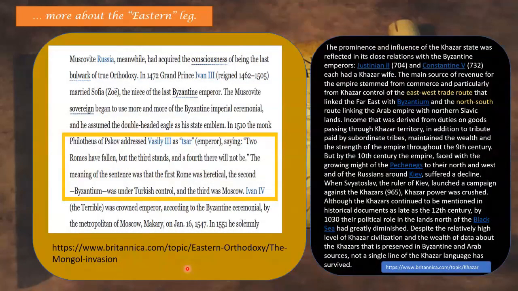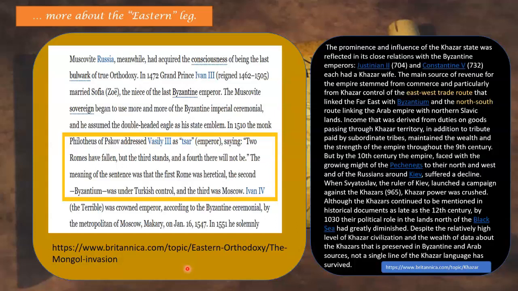The Muscovite Russia, meanwhile, had acquired the consciousness of being the last bulwark of true orthodoxy. In 1472, Grand Prince Ivan III married Sophia, the niece of the last Byzantine emperor. The Muscovite sovereign began to use more and more of the Byzantine imperial ceremonial, and he assumed the double-headed eagle as his state emblem.